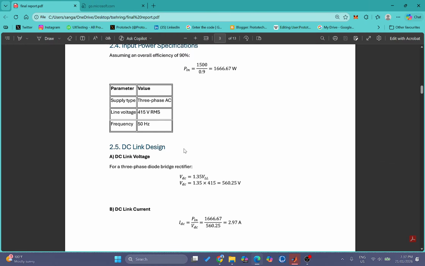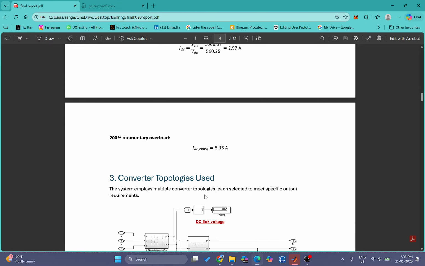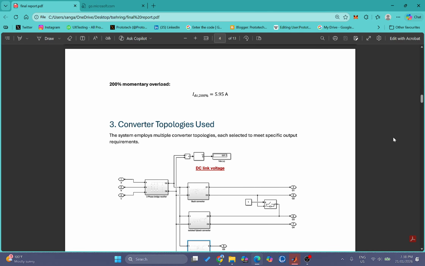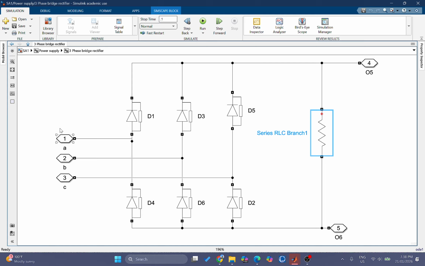Now this is the DC link calculation. For the DC link calculation, why do we use this three-phase bridge rectifier?